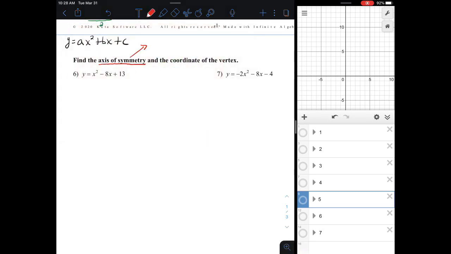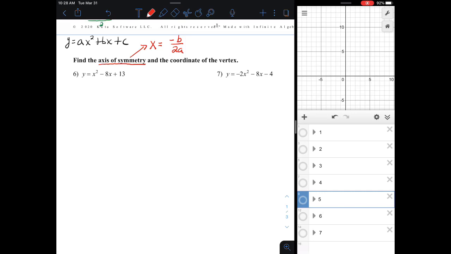It's a vertical line for the ones that we work with here in Algebra 1. And to find the axis of symmetry, the x value of this vertical line is going to equal negative b divided by 2 times a. And that's going to be the line that will split the parabola right in half, right down the middle.